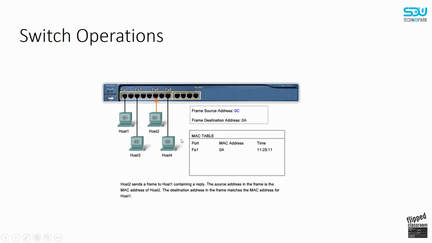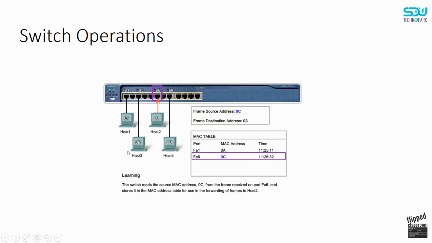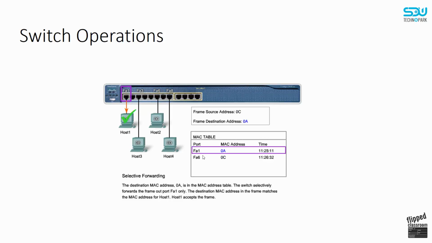Afterward, only computer 0C gives a reply, and when the reply comes to the switch, the switch immediately writes the information: I have connectivity with MAC address 0C through port FA06. Afterward, the switch is able to do selective forwarding, because it already has information about the MAC addresses of these two computers.